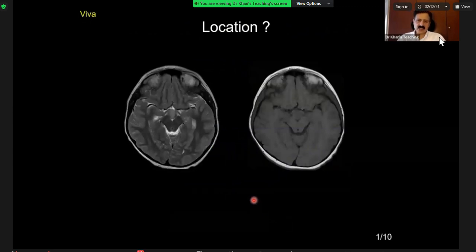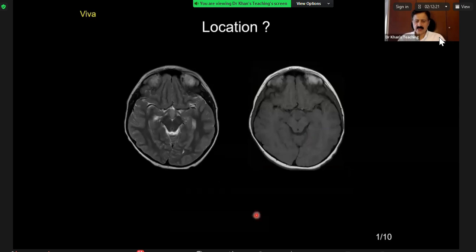Okay, as an example, I am going to go through a single case, and then we will step up and go through quickly. But this is what is going to happen in the exam. So candidate 3. This is a T2 weighted sequence. This is a T1 weighted sequence. What is the abnormality?